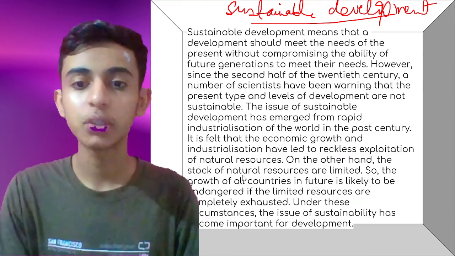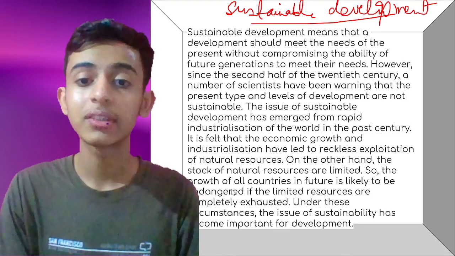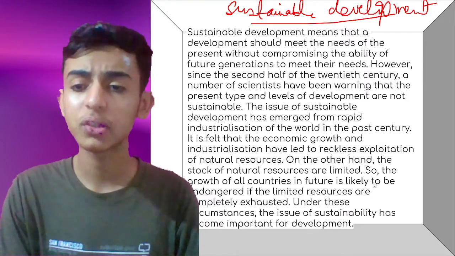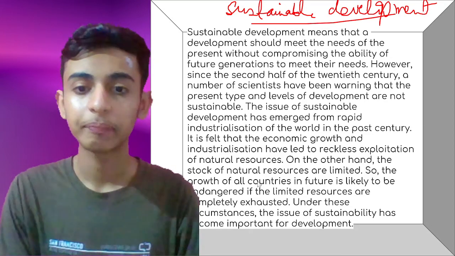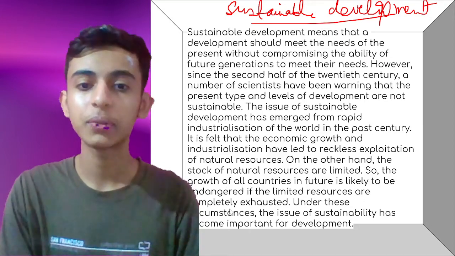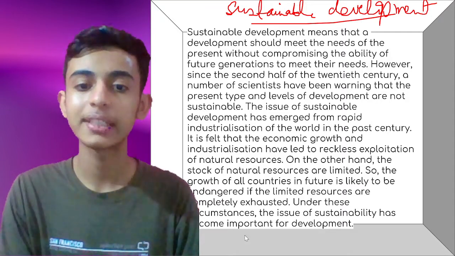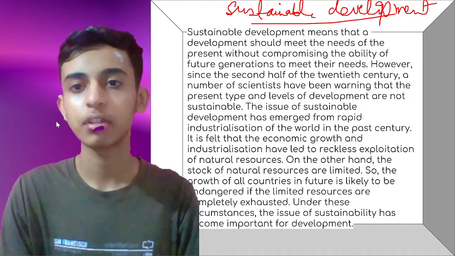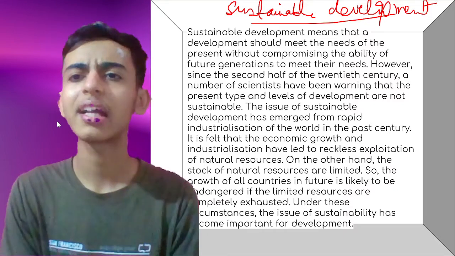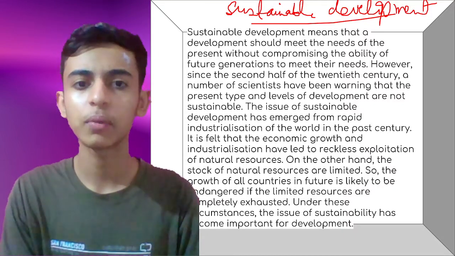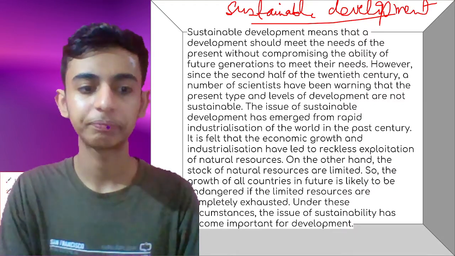On the other hand, the stock of natural resources is limited. So the growth of all countries in future is likely to be endangered if the limited resources are completely exhausted. Under these circumstances, the issue of sustainability has become very important for development. So that I've already taught you. In case you haven't watched, do watch it, right?